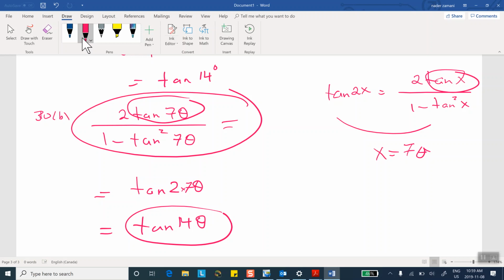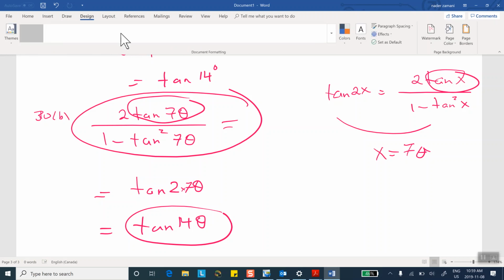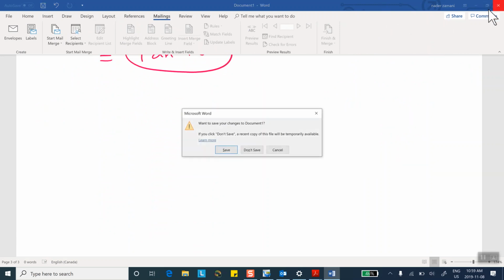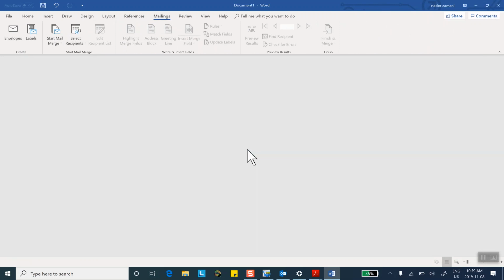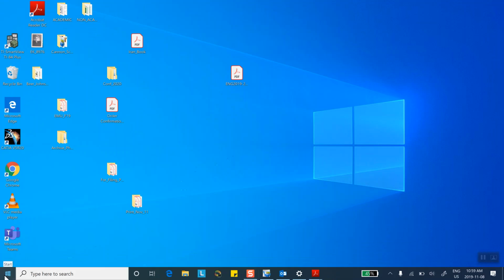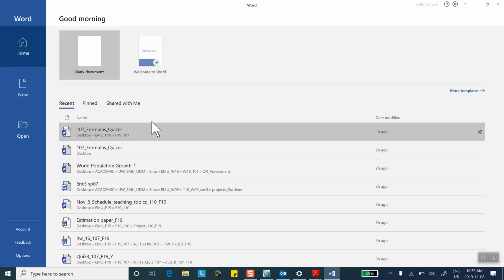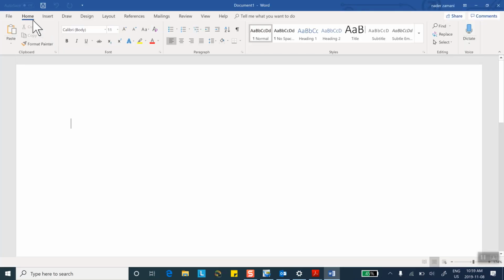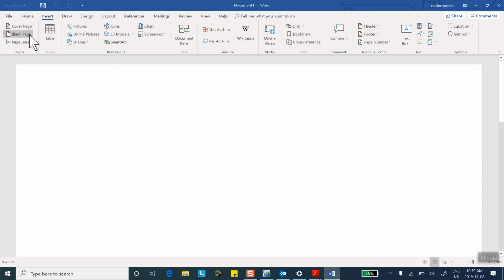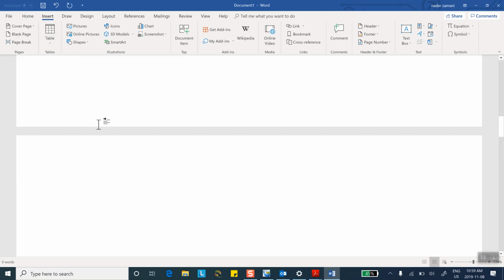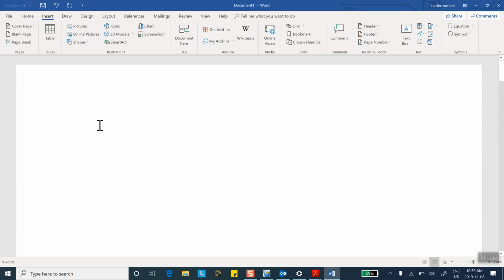Okay, let us look at number 37. This is the fifth block from the top.